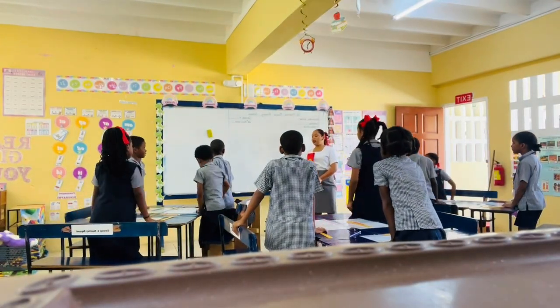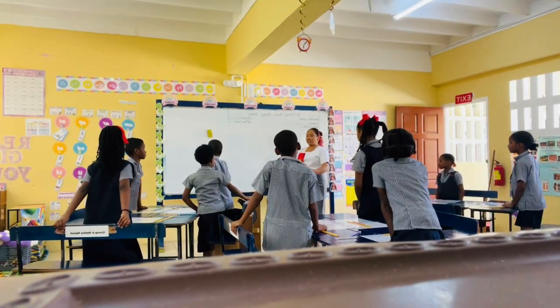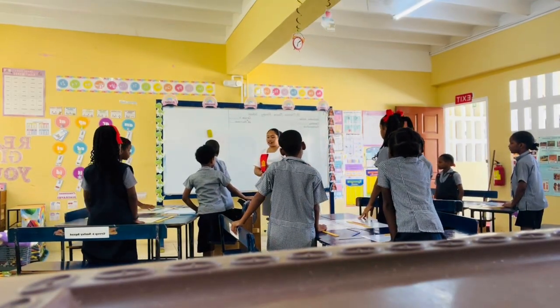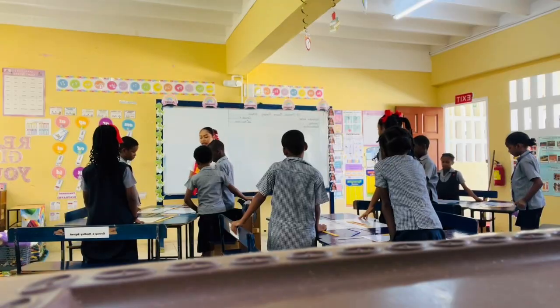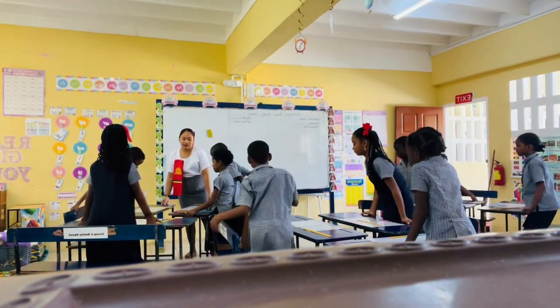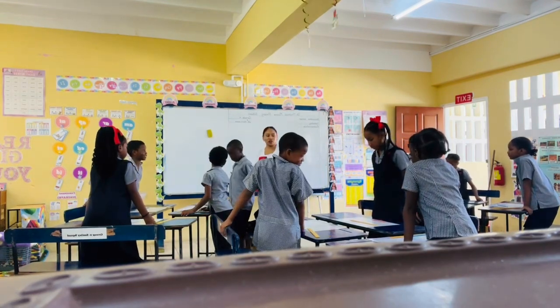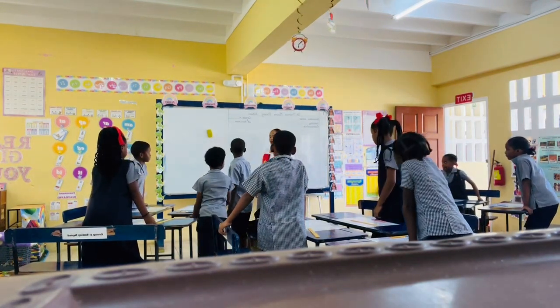So to start our lesson today, I want you to fold the chairs, fold the desk towards you, like separate the desk. Good. And now what I want you to do is take a walk around the table.